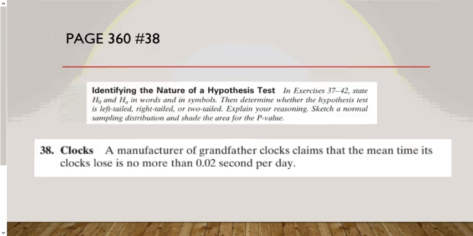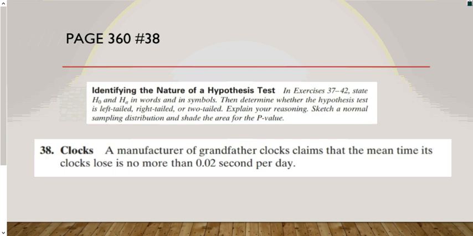All right, let's go ahead and look at another one. We're going to state the null and the alternative in words and in symbols, determine which hypothesis test is left-tailed, right-tailed, or two-tailed, and then explain our reasoning and draw a quick sketch.